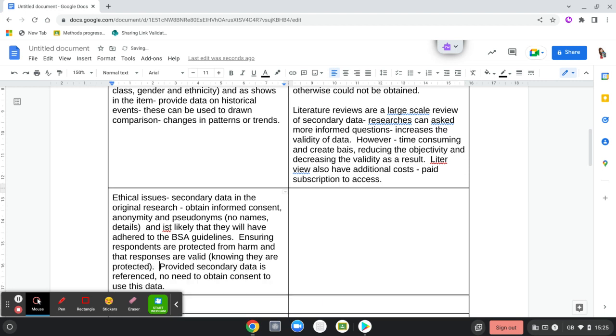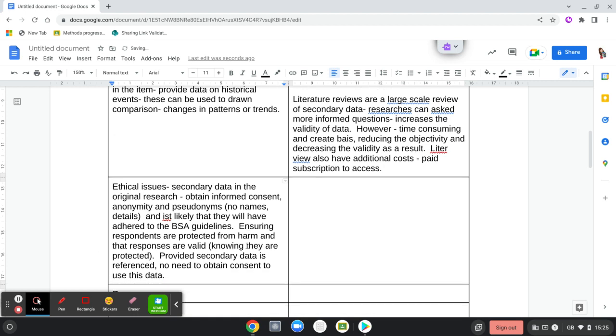So basically you're more likely to answer correctly if you know you're going to be protected from harm. And also if you reference the secondary data that you've used, there's also no need for the researcher to obtain consent to use it.